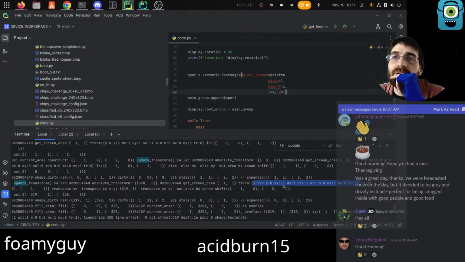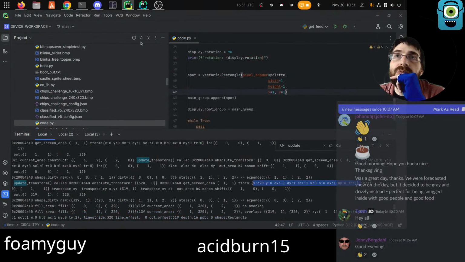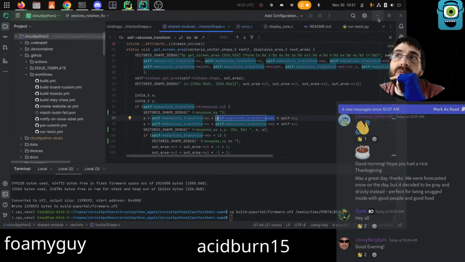Okay, here we go. So dx is -1. mx, which is mirror x, that is 1. Transpose xy is 1. So dx is -1, so we're multiplying -1 times y, which we are currently on 1, 1, so we end up on -1.